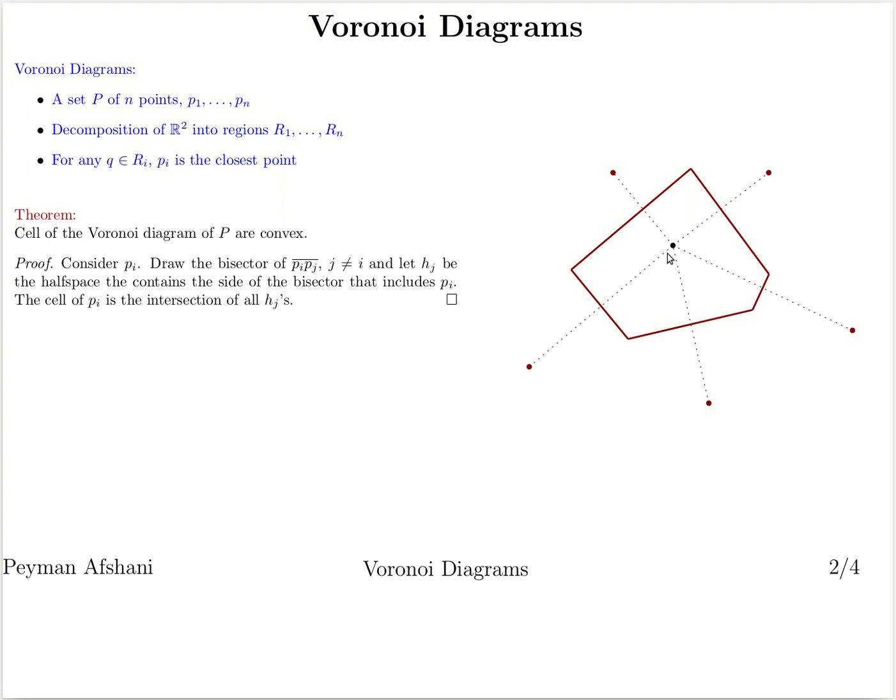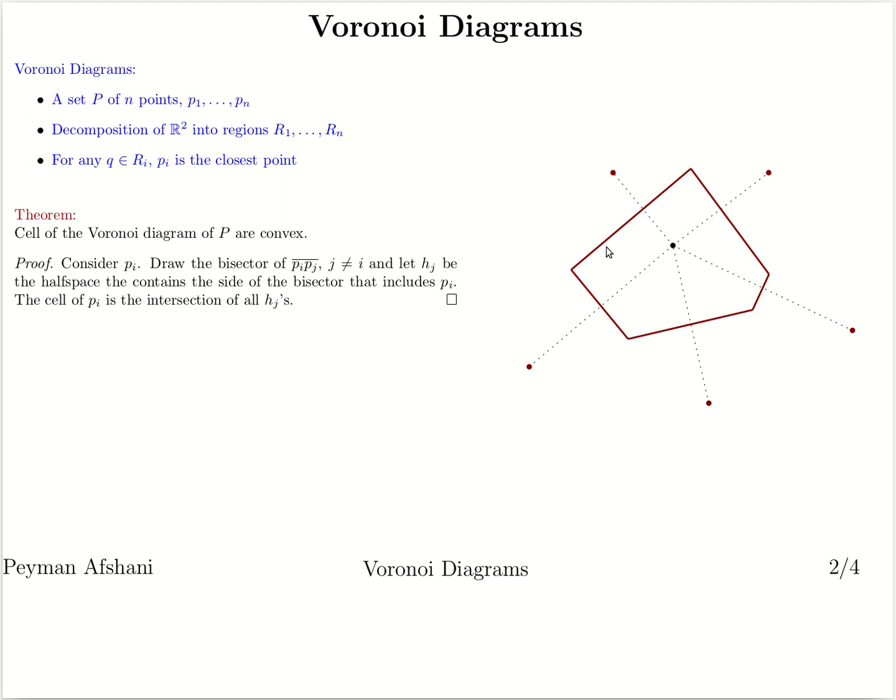Why is this true? Because look at one point P, and we'd like to figure out what the cell of this point P is. Similar to what we saw previously, by drawing the bisector of all the points, by bisecting all those line segments that are connected to P, we can find the cell of this point P. So for any other point, connect the point Pj to Pi, and draw the bisector.